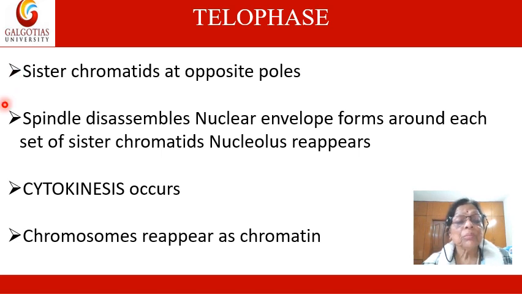This stage is followed by cytokinesis, which is basically the division of the cytoplasm. So telophase is followed by cytokinesis. Chromosomes reappear as the chromatin, as they were present earlier.